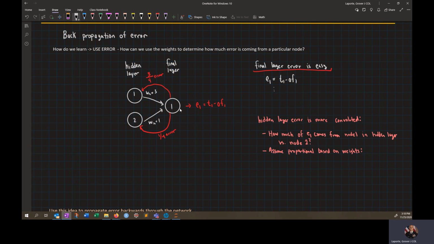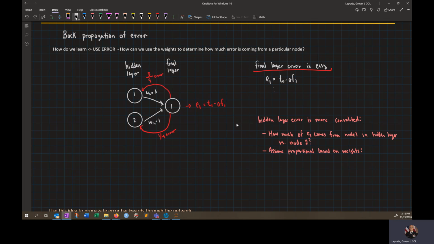However many nodes you had in the final layer, you would be using all the targets and all the actual outputs from the model, and you would be able to know how much error is in each one of those. The hidden layer becomes more convoluted. How much of E1 comes from the hidden layer node 1 versus node 2, assuming proportional?